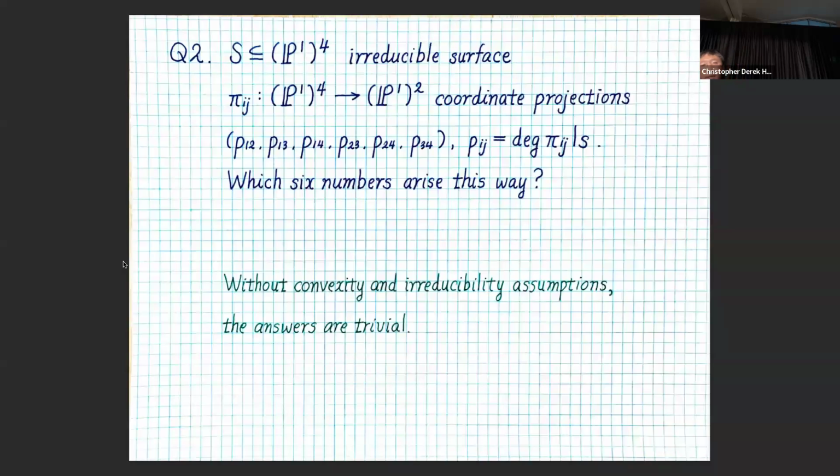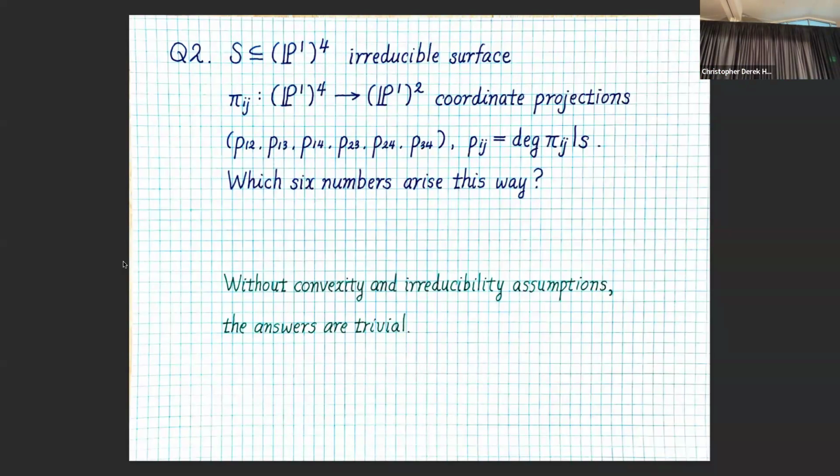But one thing to notice here is that without the convexity assumption or the irreducibility assumption on the surface, the answers to the corresponding questions are trivial. Because, for example, in the convex geometry setting, you can just place 6 pieces of planar figures in appropriate angle in some completely unrelated way.